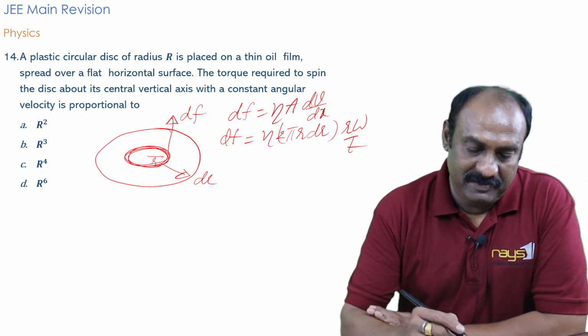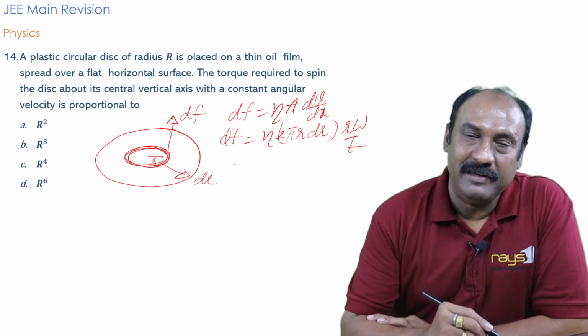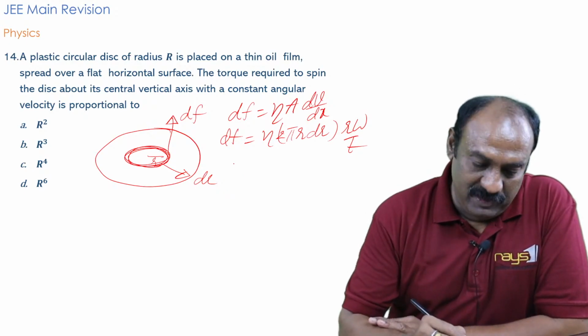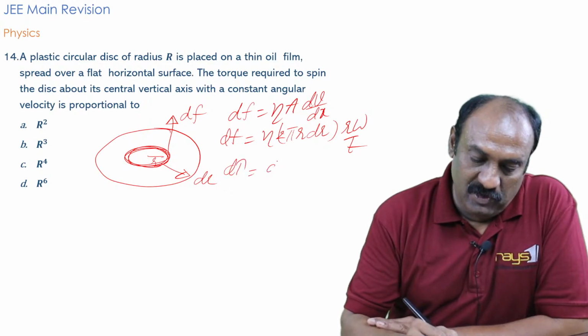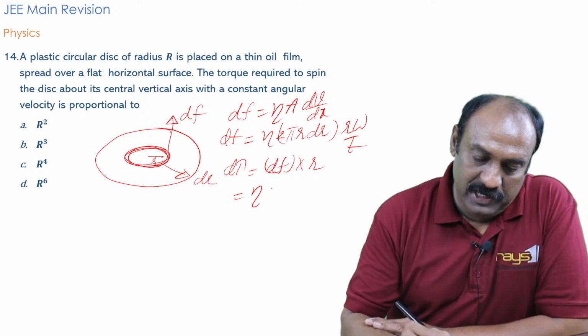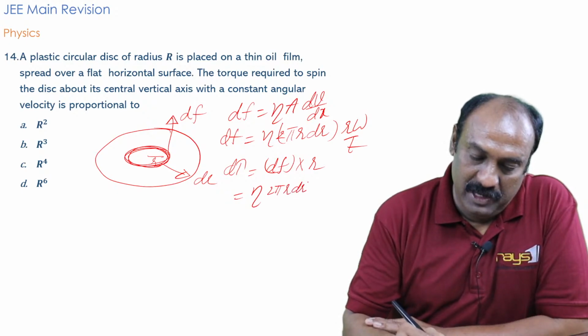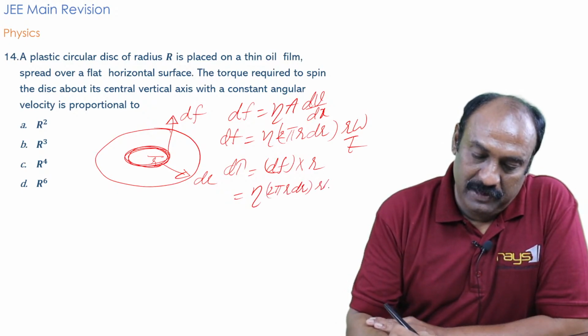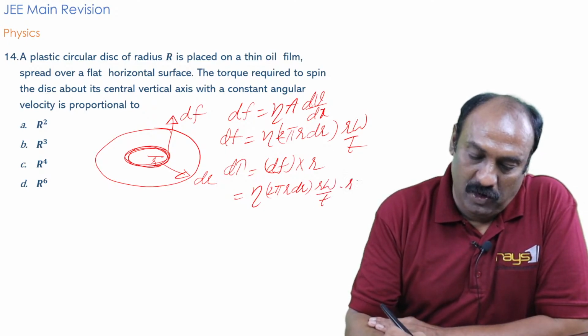So, in this case, the torque required to spin this circular disc over this liquid film is d tau, equal to dF into perpendicular distance r. So, dF equals eta into 2 pi r into dr into r omega by t, into r.